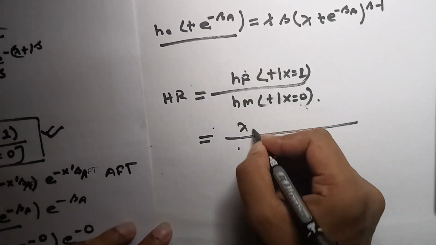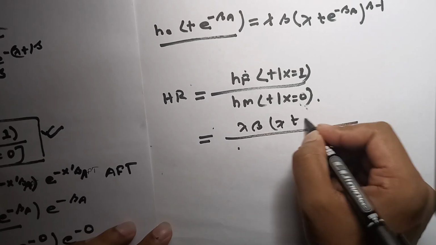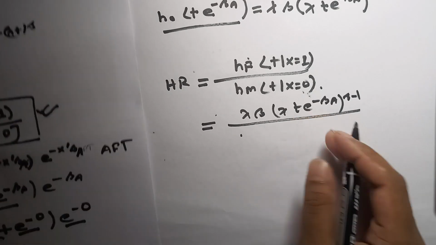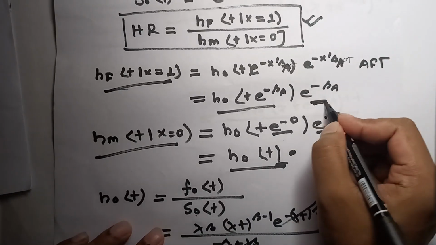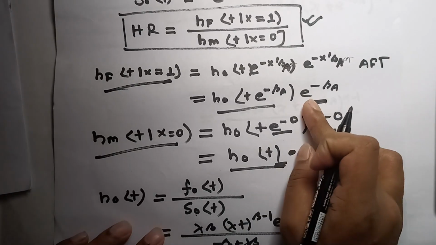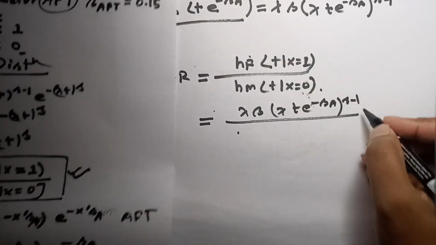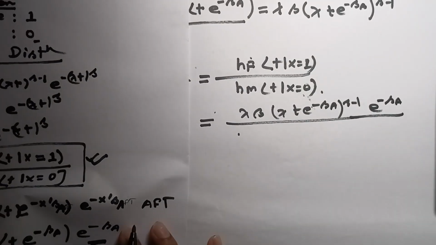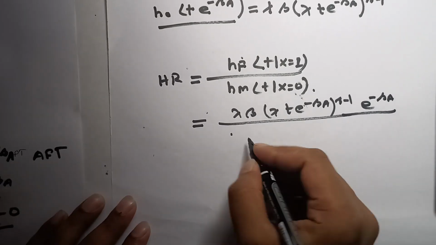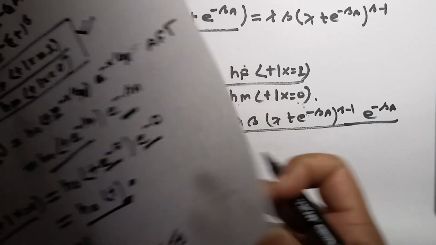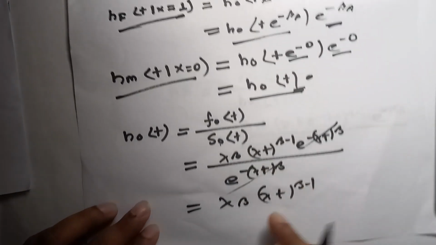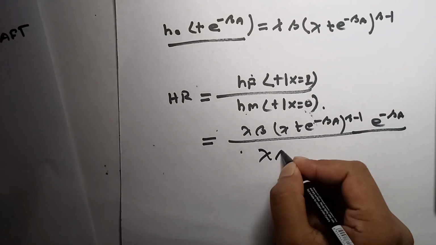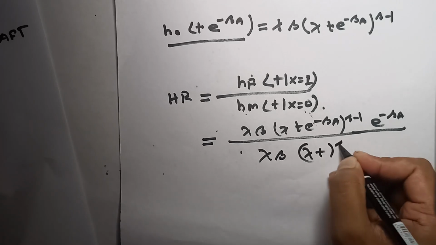So I will write lambda t to the power minus beta A, beta minus 1, and there is a little part here, e to the power beta A. Okay, e to the power minus beta A. All right, fair enough. And right now at the denominator it will be h of t, and what was the h of t? H naught t, this one, lambda t whole to the power beta minus 1.